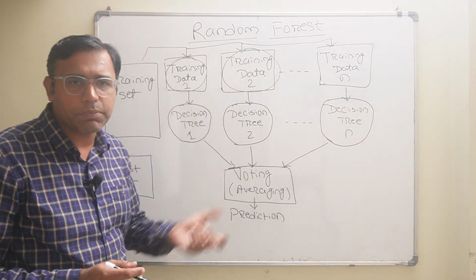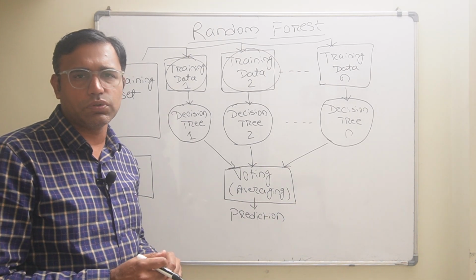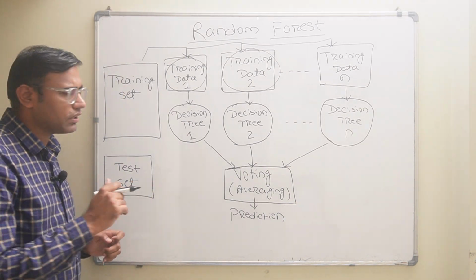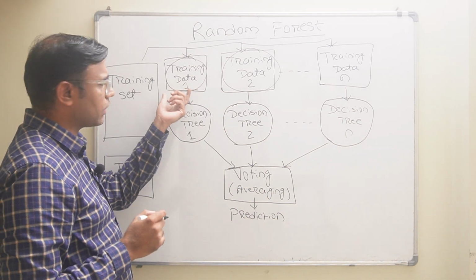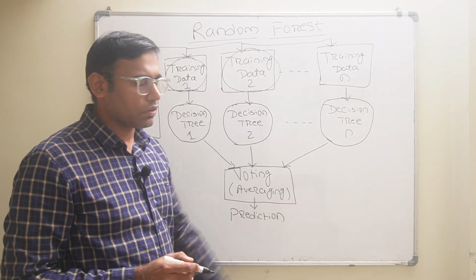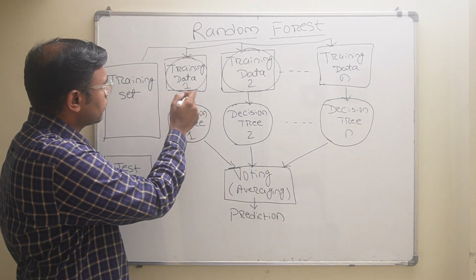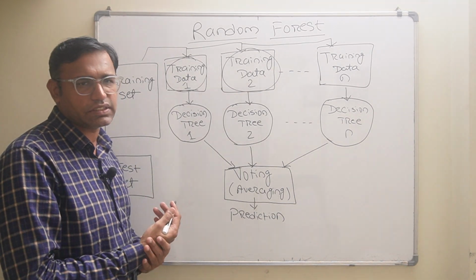Some data can be repeated, or some data cannot be repeated, or there can be unique data. It may happen that the data present inside training data 1 may be present in data 2, may be present in data n, or it may happen that the data of all the training data sets is unique. So randomly the data set is taken.